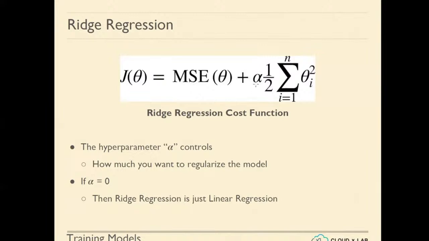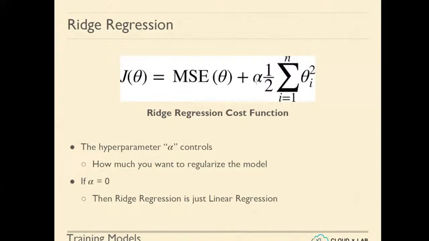This hyperparameter alpha I have already explained, right? Alpha is a hyperparameter that controls how much weightage you want to give the second term in the overall cost function, because the overall cost function now has two terms: the original cost function, MSE loss, plus alpha times this regularization term.